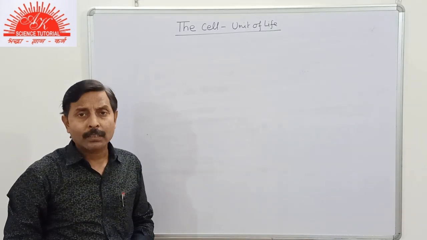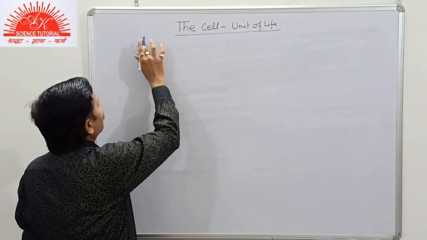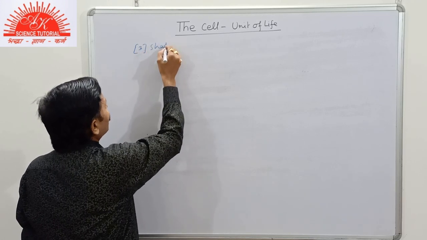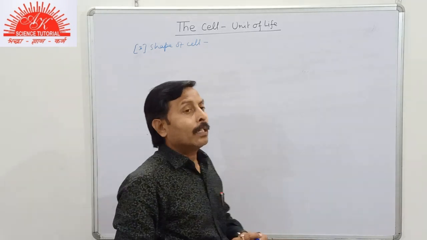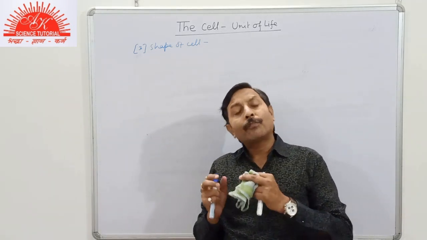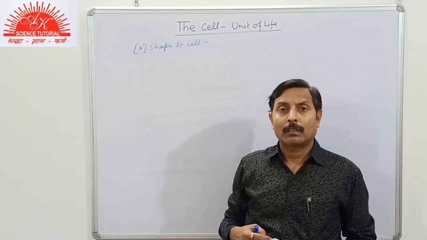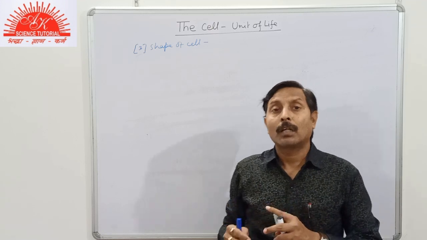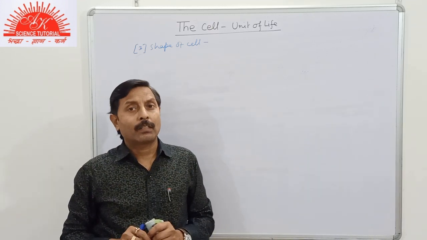Now students, then there is third point, that is the shape of cell. According to the function, according to its position, the place where it is useful, the cells are of different shapes and sizes.